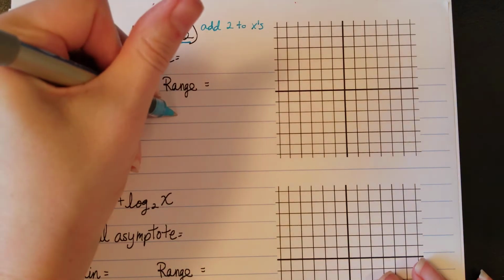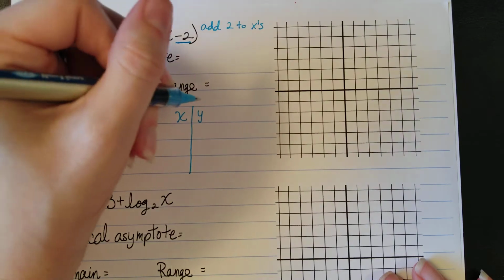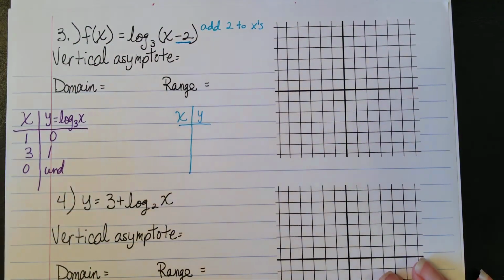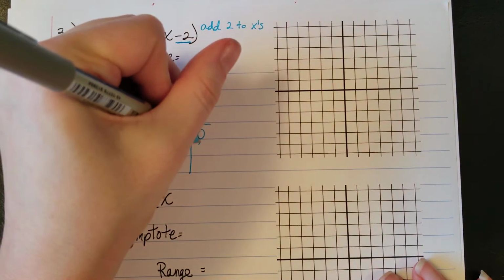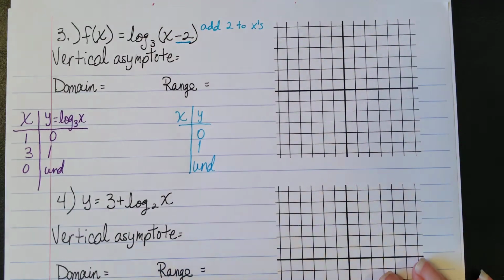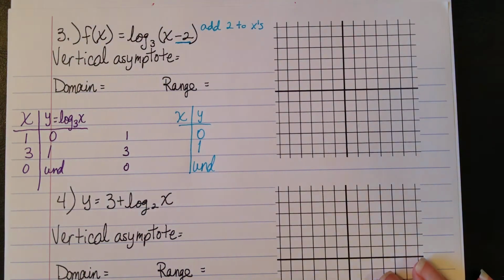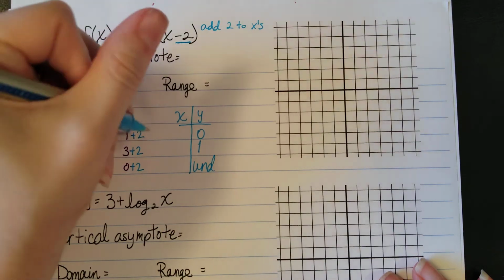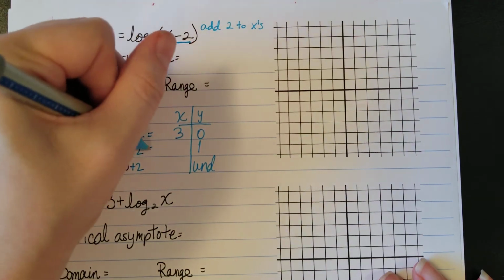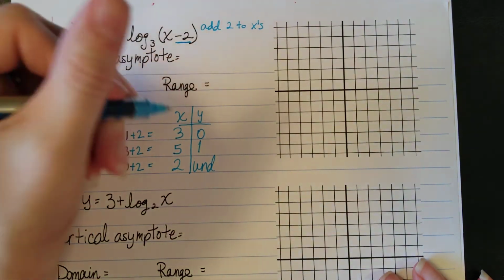The y's will stay the same: 0, 1, undefined. Then take those x's and add 2. So that would be 3, 5, 2.